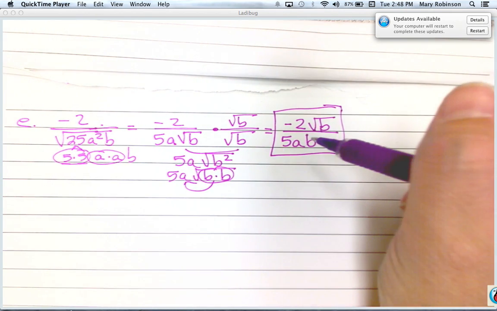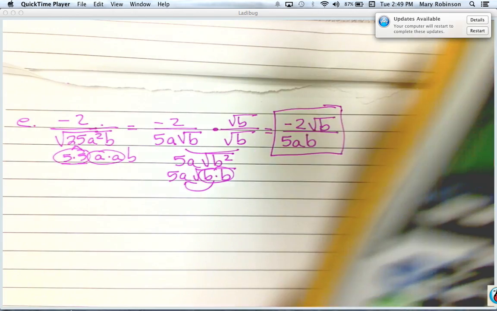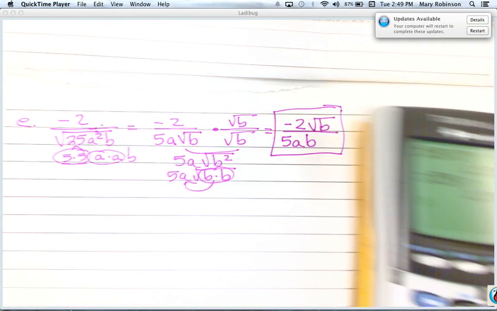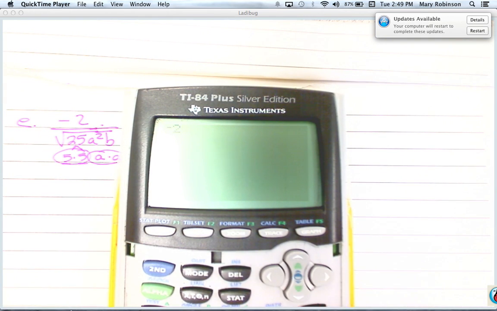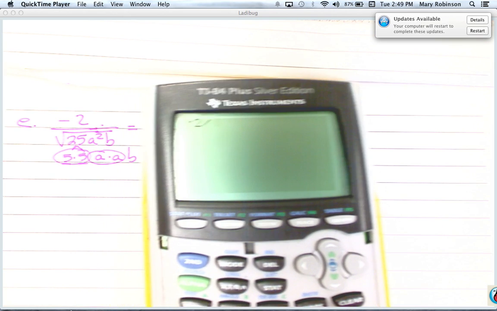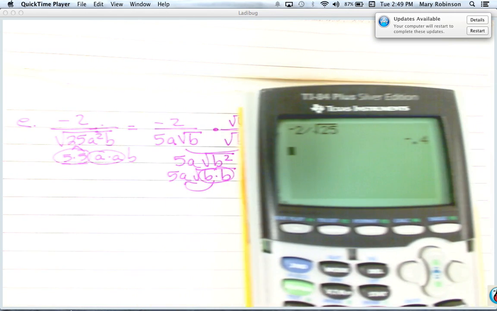Now, while you can't type 2 different variables in the calculator, you can just make sure that everything is equivalent. So if I type in -2 divided by the square root of 25, we should recognize that as 5 anyway. We get -0.4.